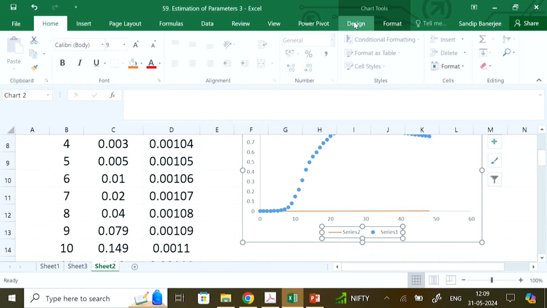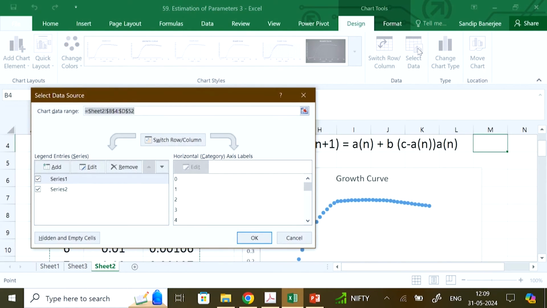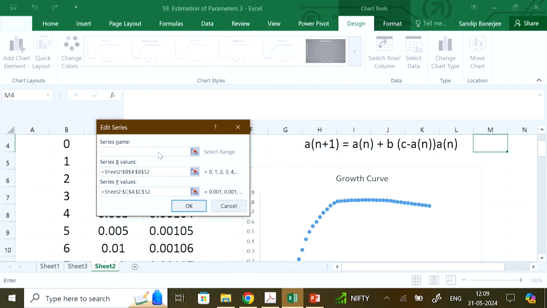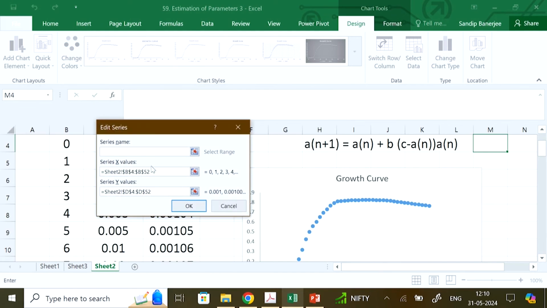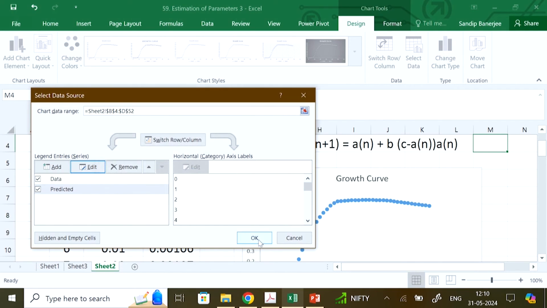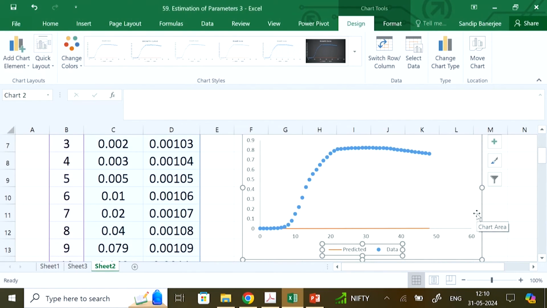So I go to design, select data, now series 1, edit, name it as data, and series 2, edit, name it as predicted. So this is the data, this is the predicted.